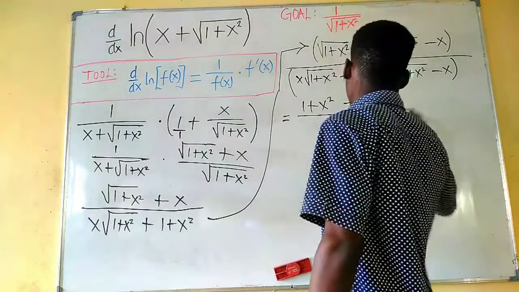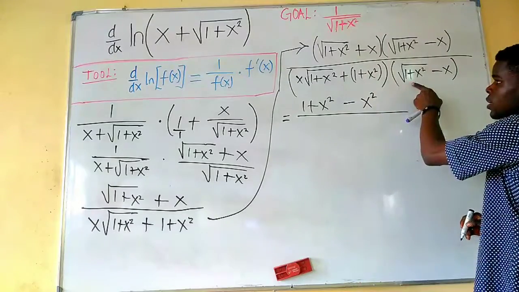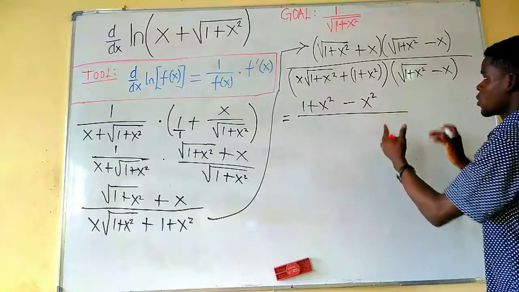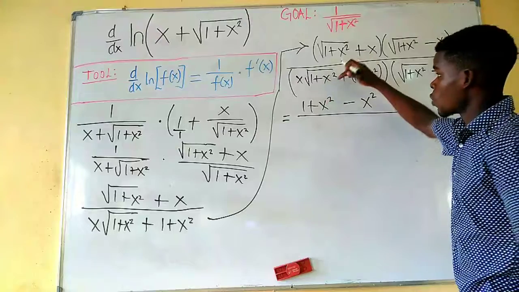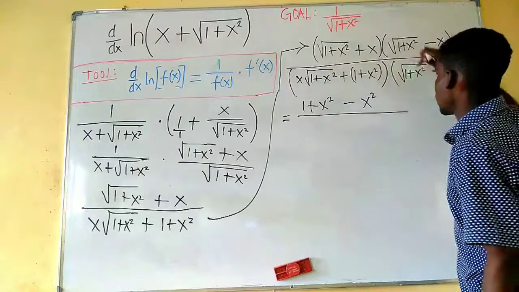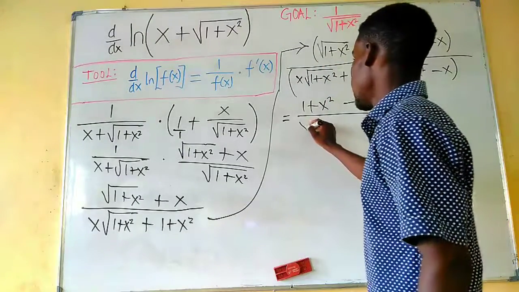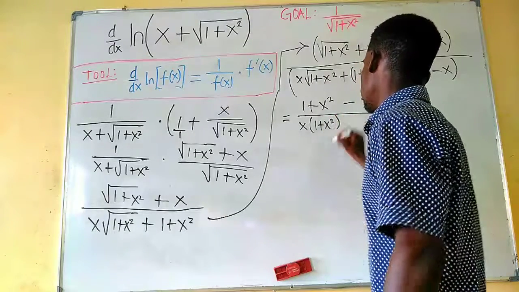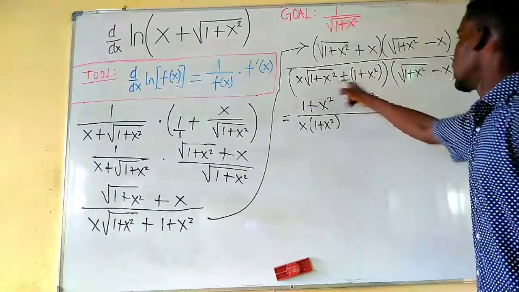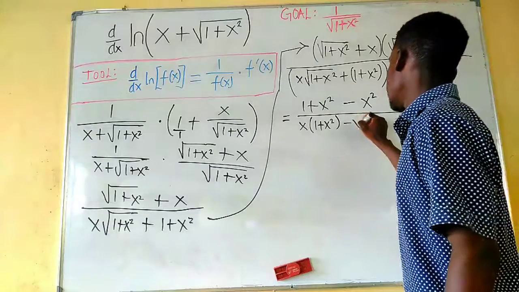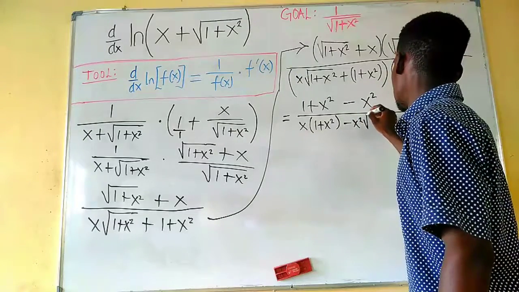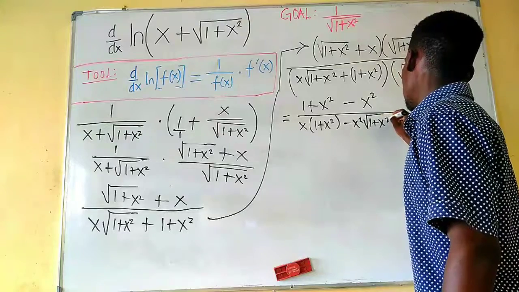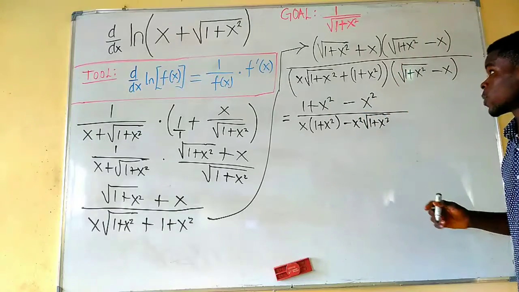And the denominator, well, this times this is going to give us that square, square root of 1 plus x squared times square root of 1 plus x squared. Where x was here, we're going to have 1 plus x squared, like that. And again, here and here, we're going to have negative x squared times square root of 1 plus x squared. It's more like just an expansion.